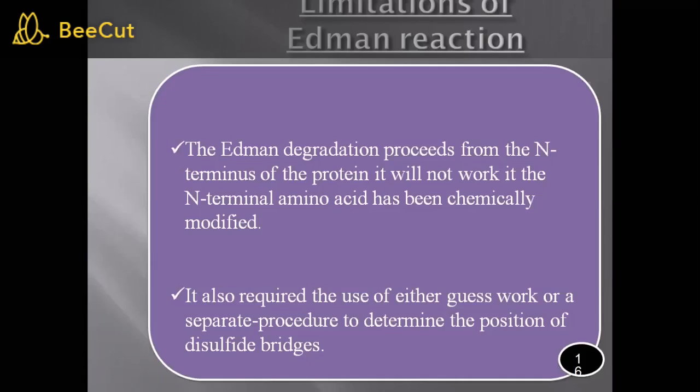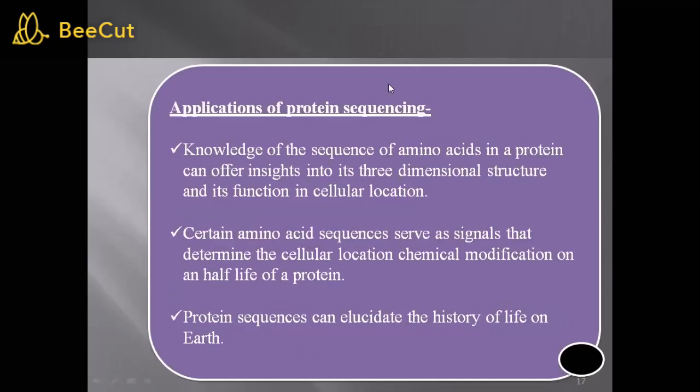If that particular protein has a disulfide bond, then the reaction will not work, so we cannot find out the sequence of the amino acids. So this is the limitation of this technique.